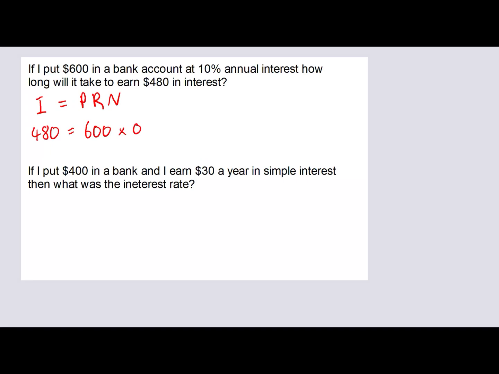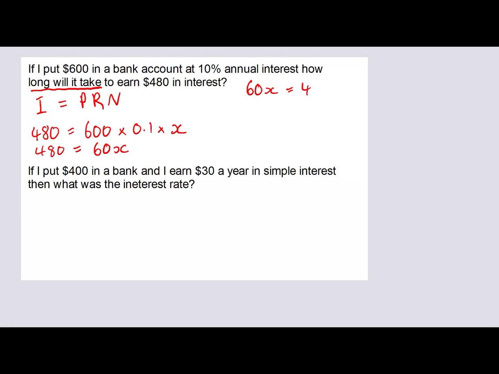This time, I know the amount of interest I want, 480. I know the principal because I started off with $600, and I know the rate. It's 0.1. Okay, 10% is the same as 0.1. What I don't know is the number of years. It's saying how long will it take. So all I need to do now is solve this equation.